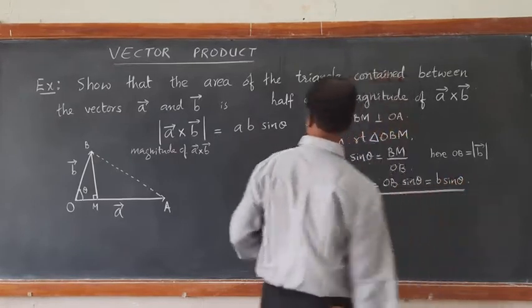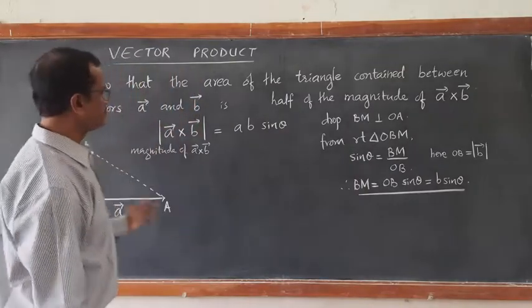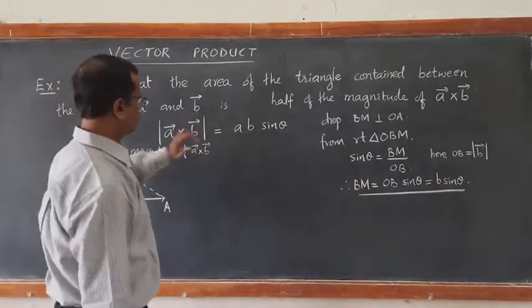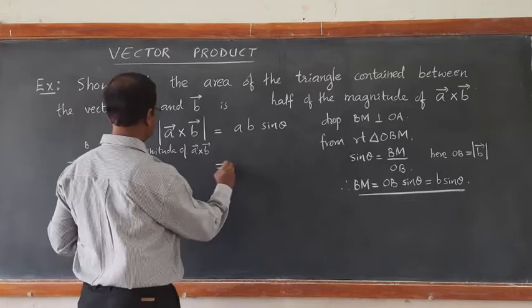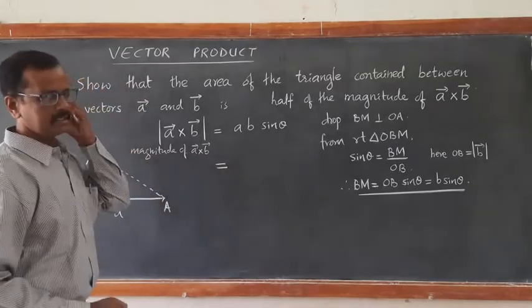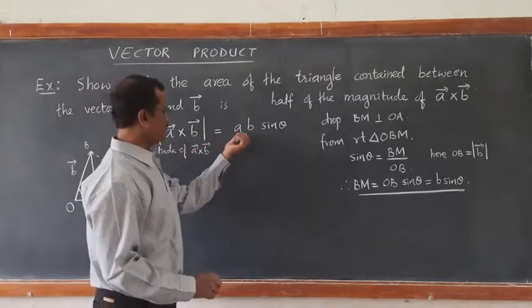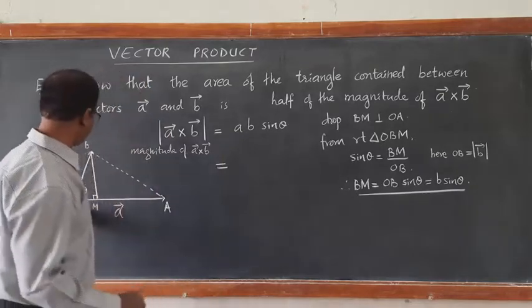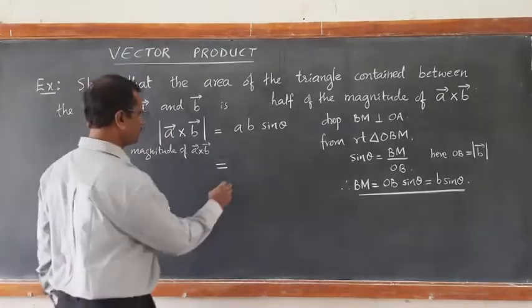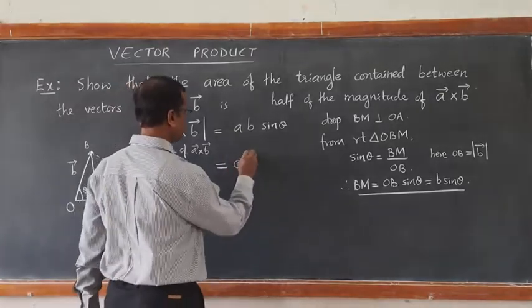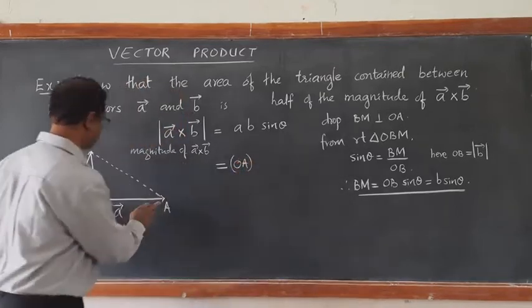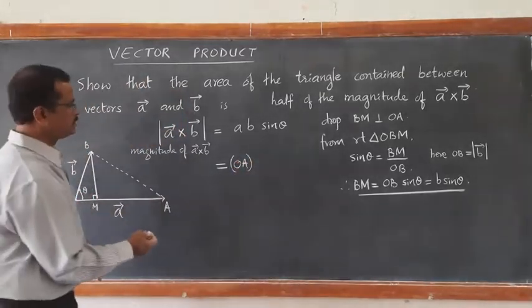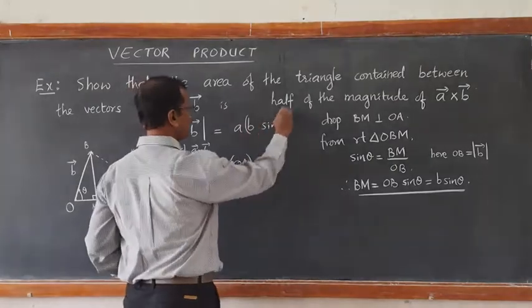Now come to this main equation. A cross B can now be written as magnitude of A, which is the length OA, the side OA, into B sin theta.